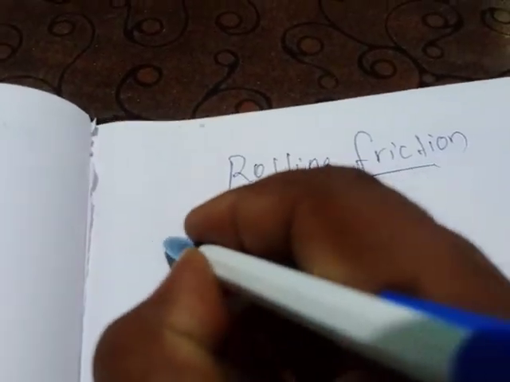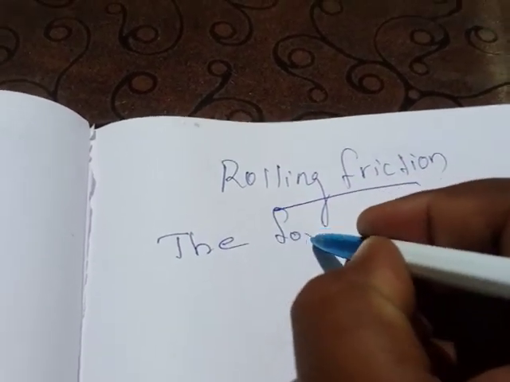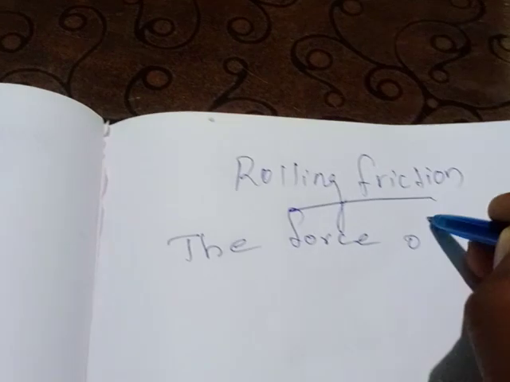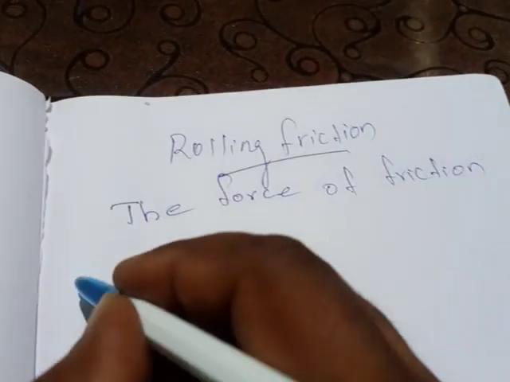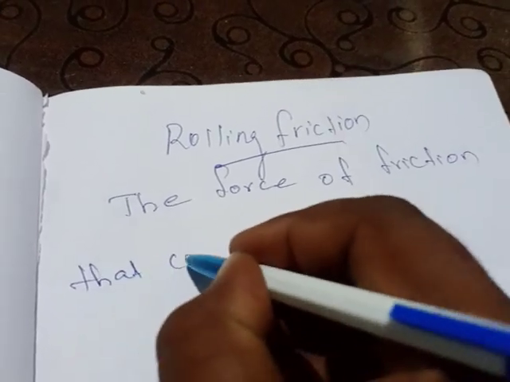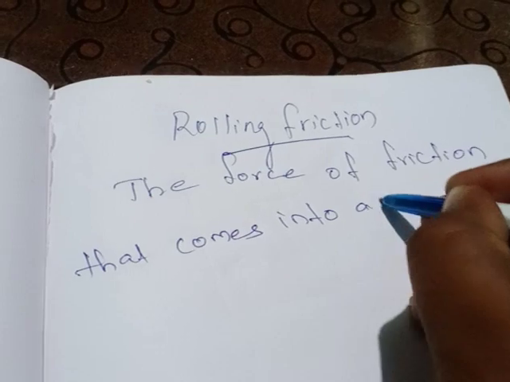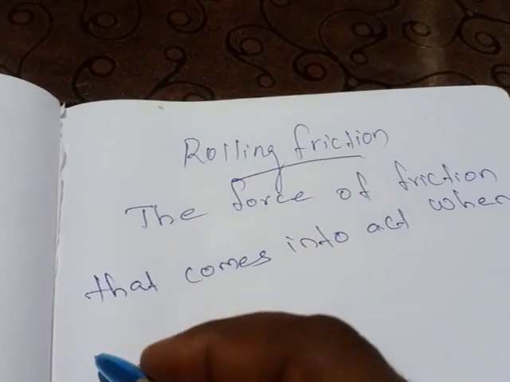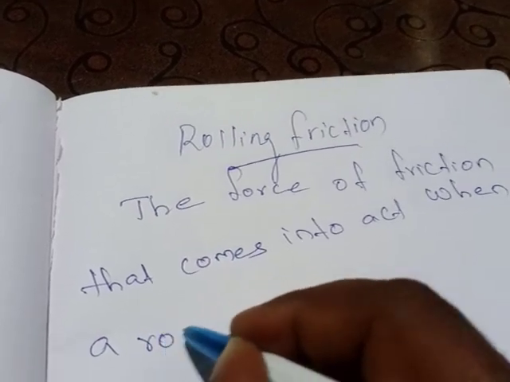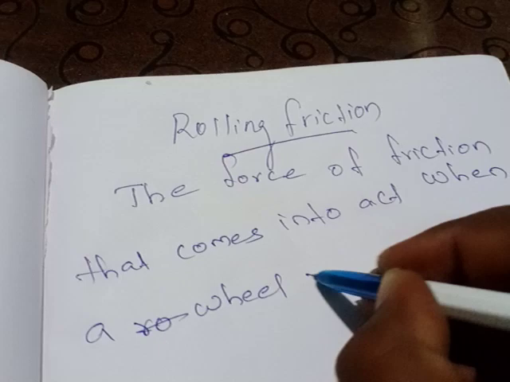So rolling friction, you can define like this: the force of friction that comes into act when a wheel rolls over a surface.